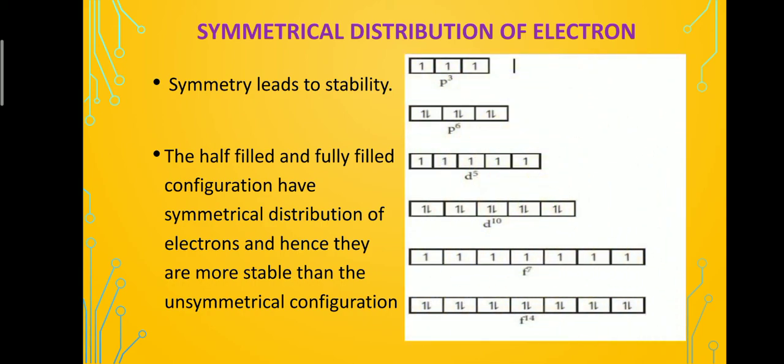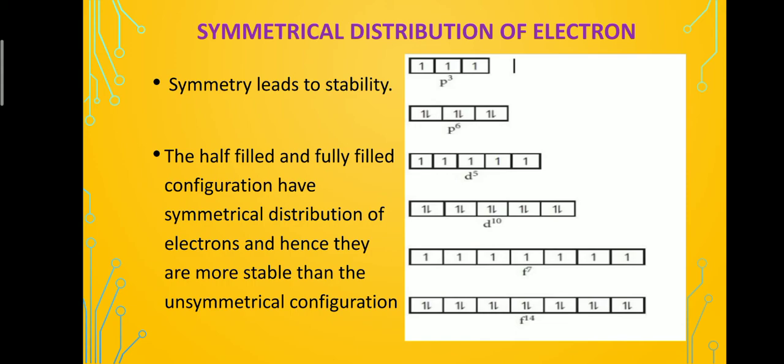So look at here. For p orbital, half filled is p3 and completely filled is 6 electrons. And for d orbital, half filled d5 and fully filled d10. And for f orbital, half filled 7, fully filled 14.